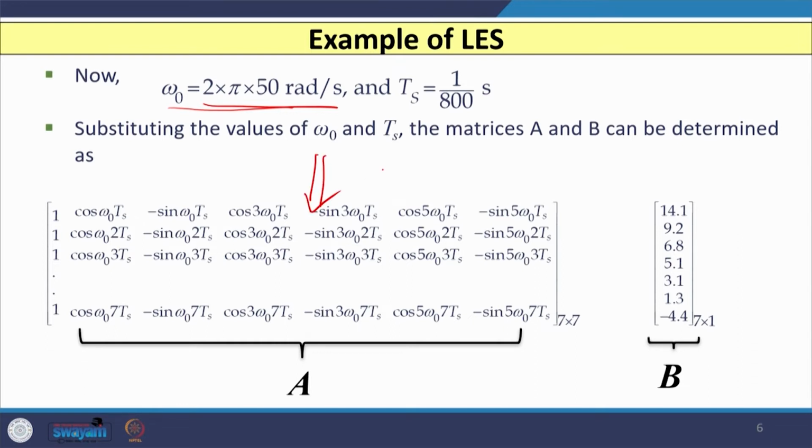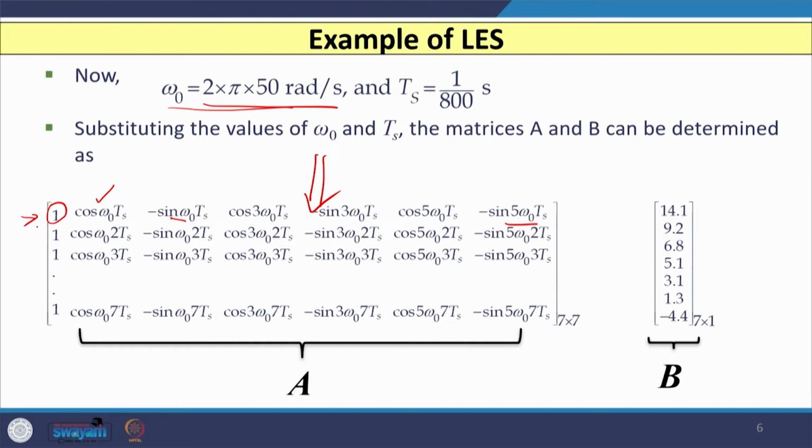Here in matrix A you can see that in the first row the first component is 1, that is the coefficient of the DC. Then you have cos omega 0 Ts because this is sample number 1, then you have sin omega 0 Ts and similarly up to sin 5 omega 0 Ts.